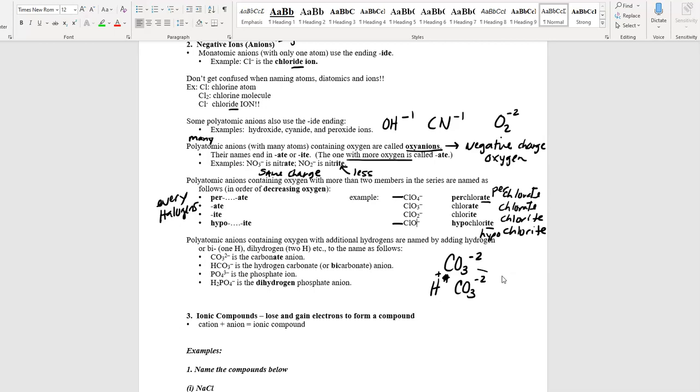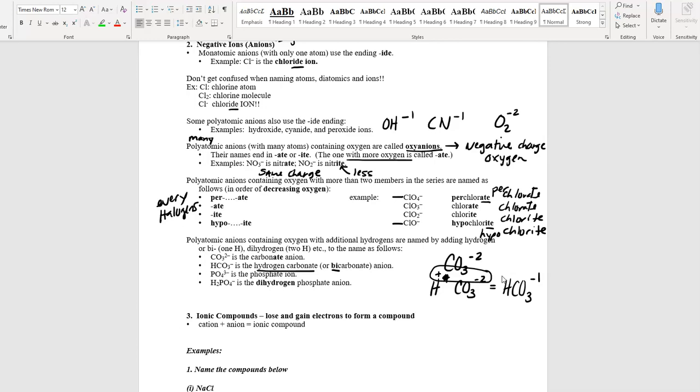So if you add these two charges together, +1 and -2, and bring the symbols together, what's left over is -1. You call it hydrogen carbonate, not hydrocarbonate. But in the world, they also name this polyatomic bicarbonate.